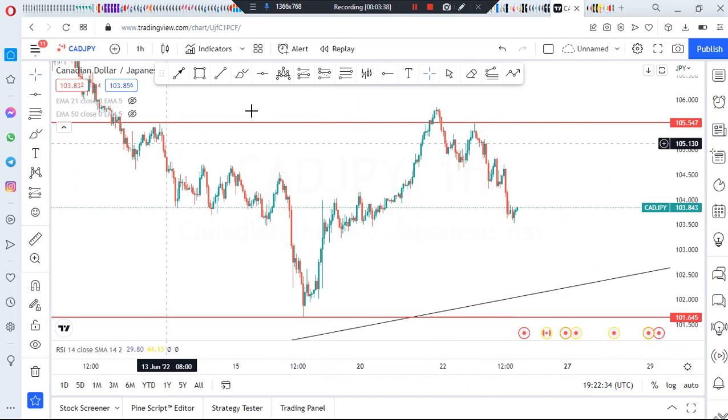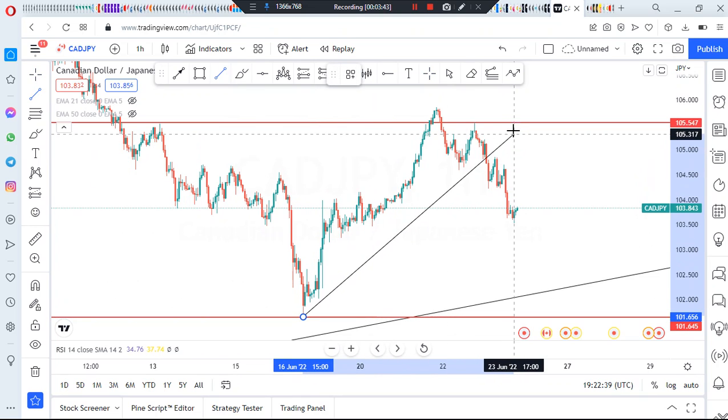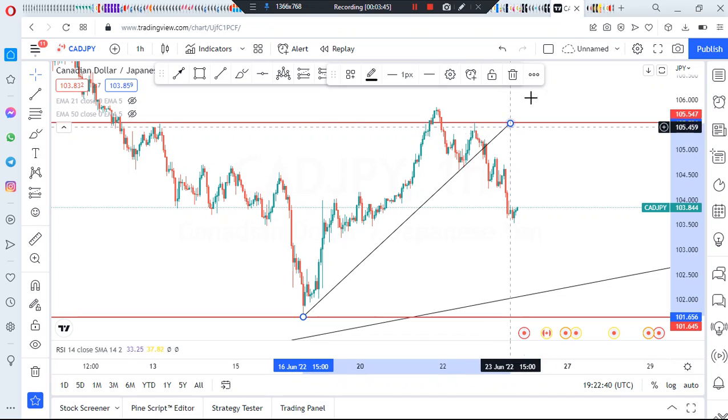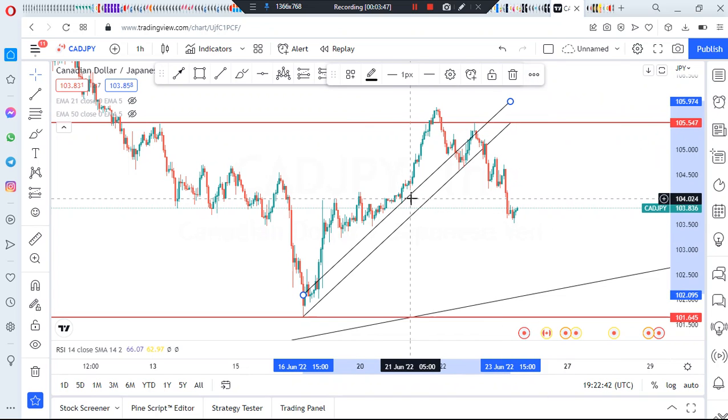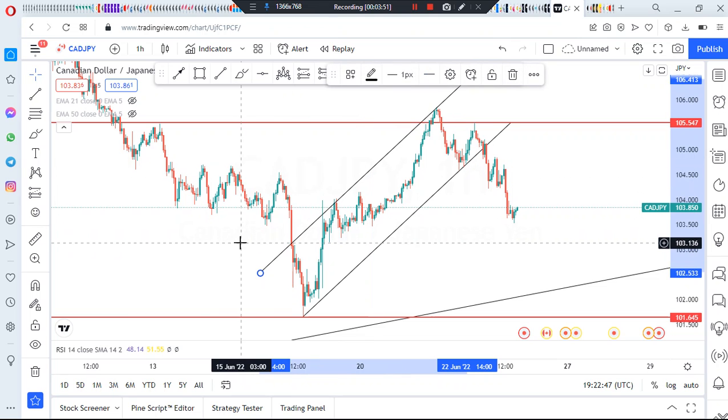So what we start by doing is I take my trend line and place it around this area, then I clone this and put the other one around here.